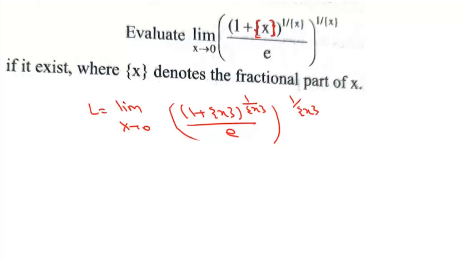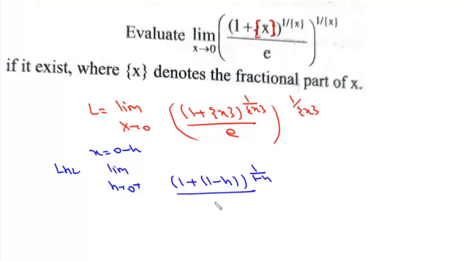Now if we find its left hand limit, it will be limit h tends to 0 positive, we'll take x as 0 minus h. So it will be 1 plus (1 minus h) to the power 1 upon (1 minus h) upon e to the power 1 upon (1 minus h), which is 2 upon e. In this case, the left hand limit is pretty simple, and it is 2 by e.